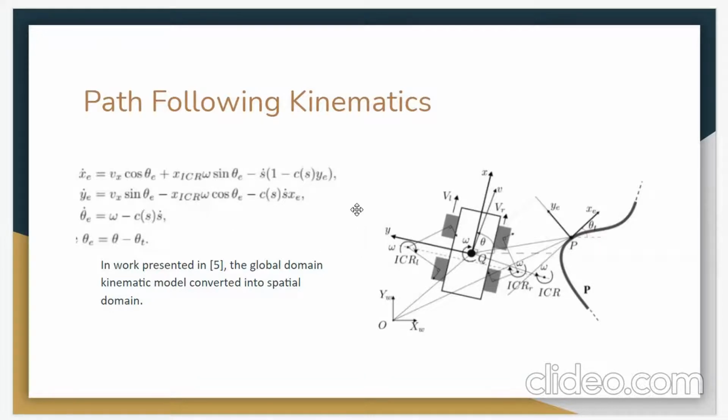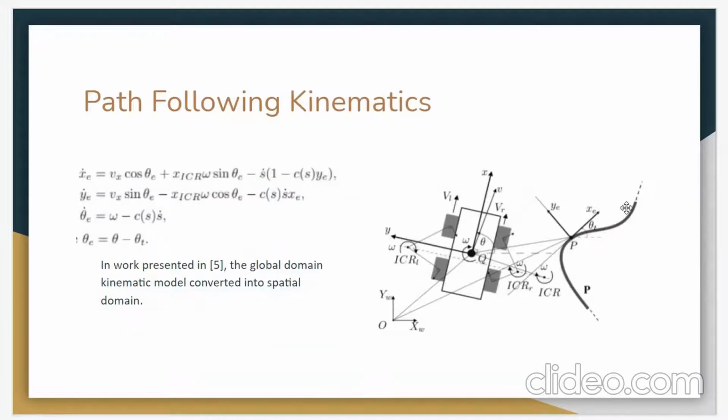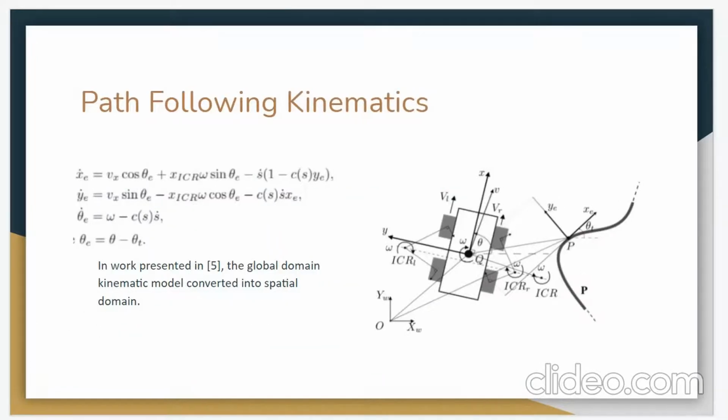The equations of this ODEs are here, which is xe, ye, and theta e derivatives, and also one more to define the change in s, which is the projection of the vehicle forward moving velocity onto the reference frame P, onto xe coordinate.